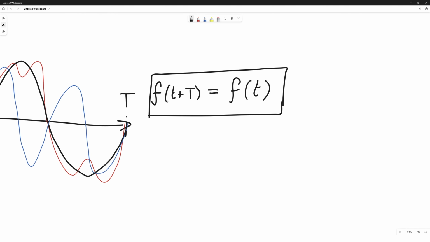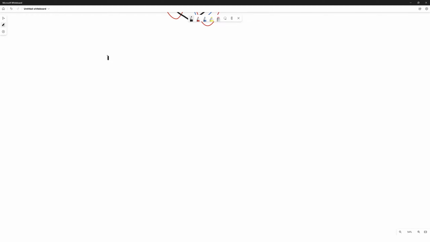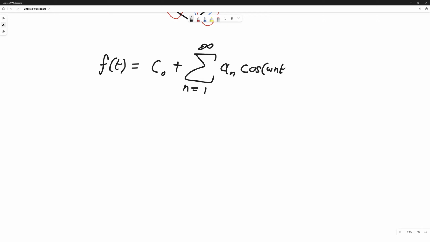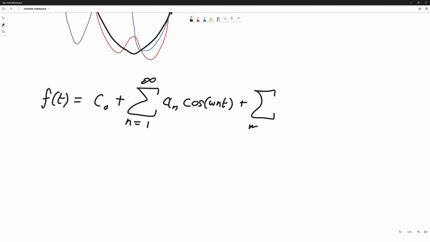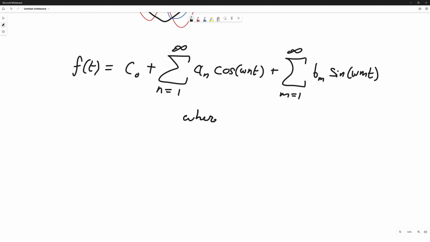Any function which satisfies this condition can be represented by the following series, where we have C naught, which is a constant, right, plus the sum from n equals 1 to infinity of a sub n cosine of omega n t plus the sum from m equals 1 to infinity of b sub m sine omega m t, where omega is equal to 2 pi over the period, right?